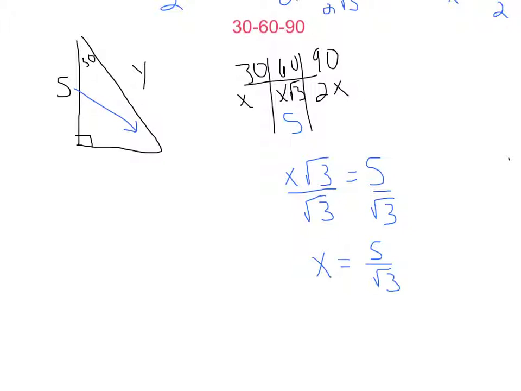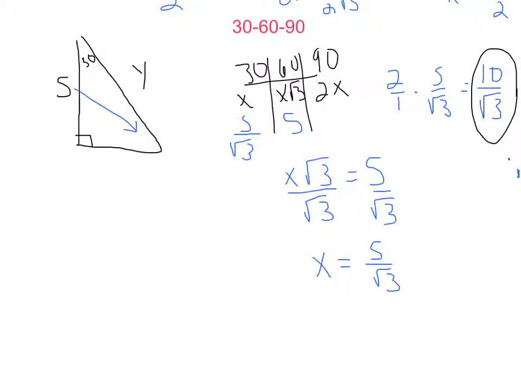That means my 30-degree side, what's across from 30 degrees, is going to be 5 over the square root of 3. And my 2x side is going to be 2 times 5 over the square root of 3. Remember, that's 2 over 1 times 5 over the square root of 3, which is 10 over the square root of 3, across from 90. My y that I'm looking for is across from 90, which means my final answer is 10 divided by the square root of 3.